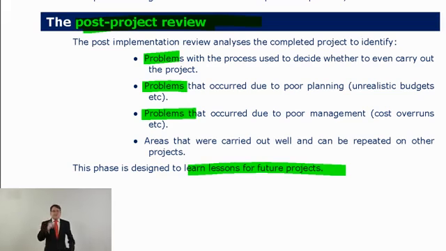So a post-implementation review says, this is wrong, fix it. A post-project review says, this was wrong, how do we make sure we do not make the same mistakes again? So we had a computer program, it did not do what the users needed it to, fix it. Post-implementation review. Post-project review: how do we avoid that again?